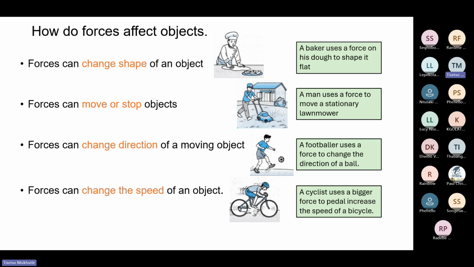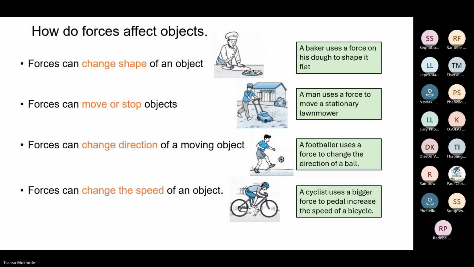In this case, a man can push the lawnmower forward by pushing against the handle. So the lawnmower will move forward. A man can pull the lawnmower so that the lawnmower can stop. It means the man can actually stop or move the object. A man uses force to move a stationary lawnmower.